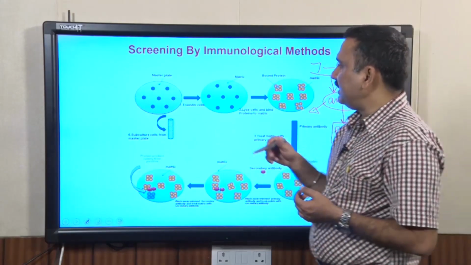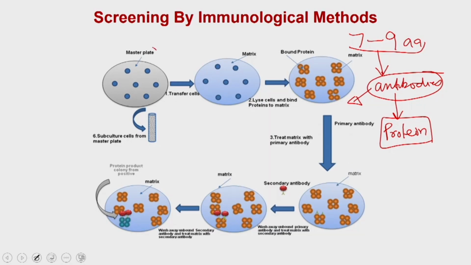So, the first step is the same: you are going to start with the master plate and prepare your replica plate. Once the replica plate is ready, you will lyse the cells and allow the protein to bind to the membrane.